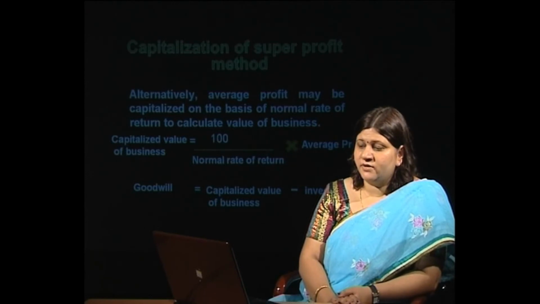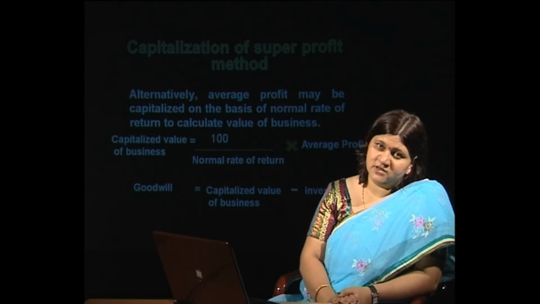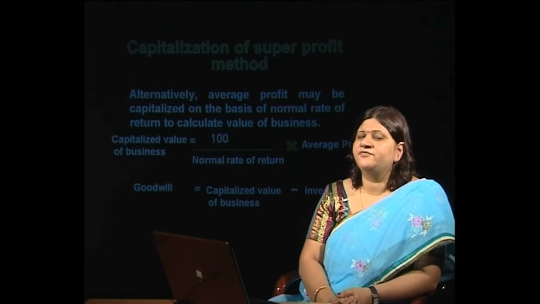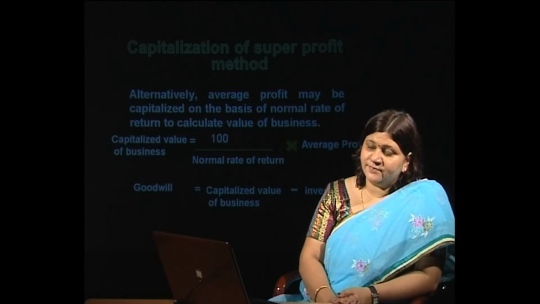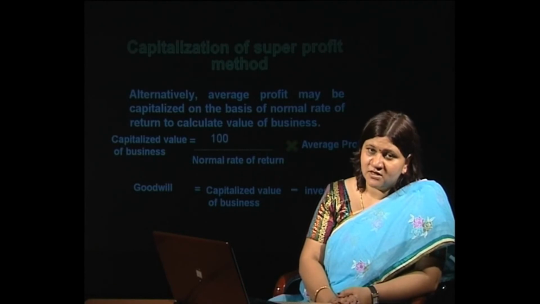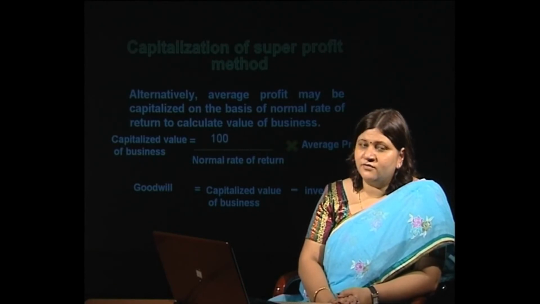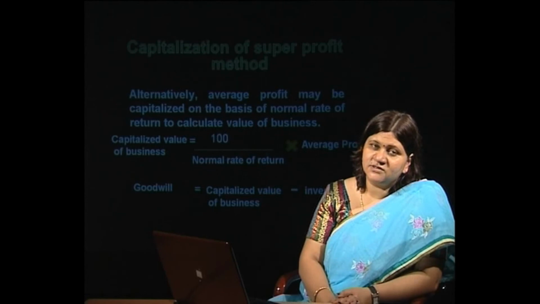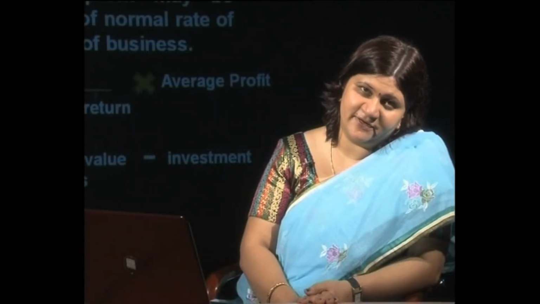Suppose the normal rate of return is 10% and the average profits earned are 50,000. So 100 divided by 10 into 50,000 will give us the capitalized value of the business as 5 lakh rupees.